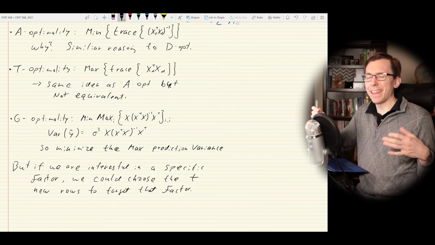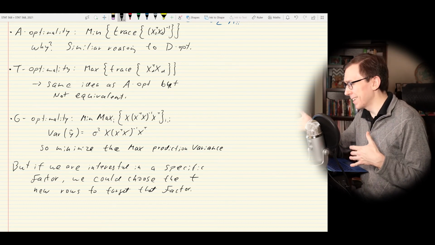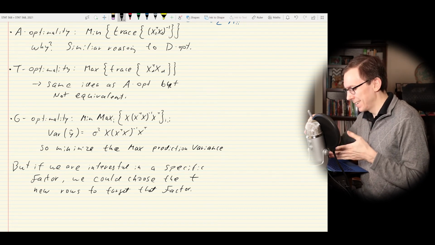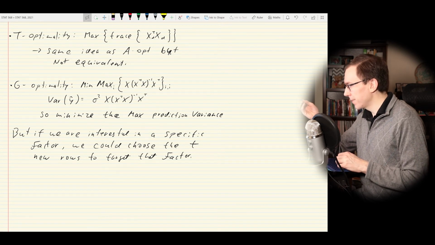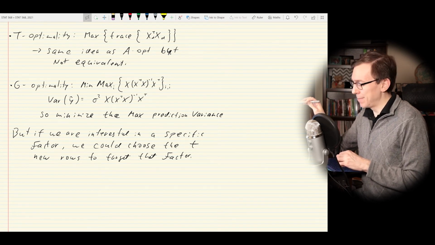If I find that 1 looks like it might be significant, then maybe I should target that specific factor with my follow-up data points. So the question is, how do we do that? And we're going to do that now.